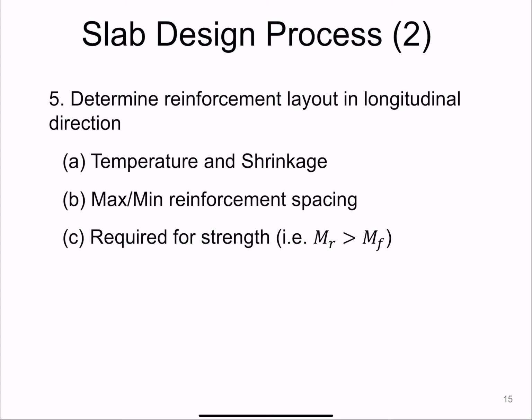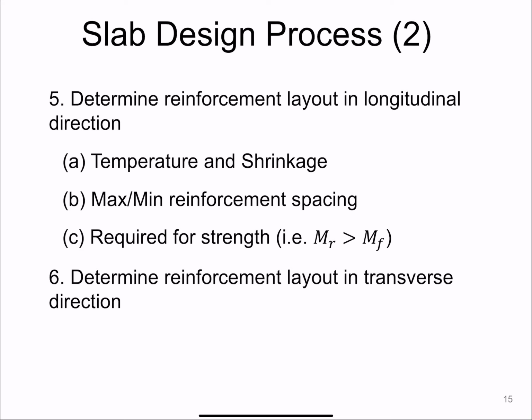to choose the amount of reinforcement we need for temperature and shrinkage, to prevent cracking and other long-term deformations, maximum and minimum reinforcement spacing, and then importantly, how much steel you need for strength, so that you can provide enough moment resistance compared to the factored moment.